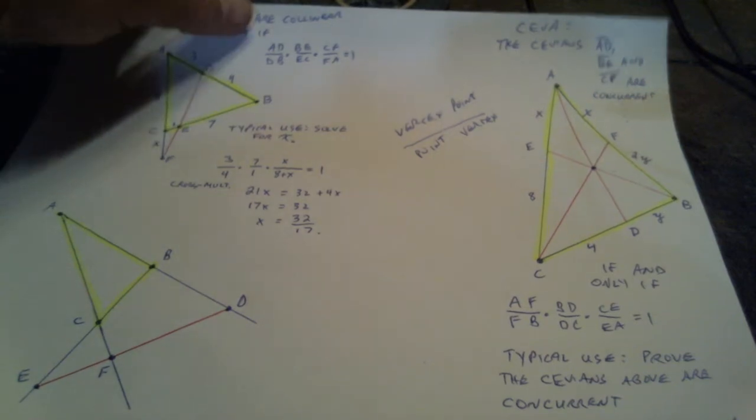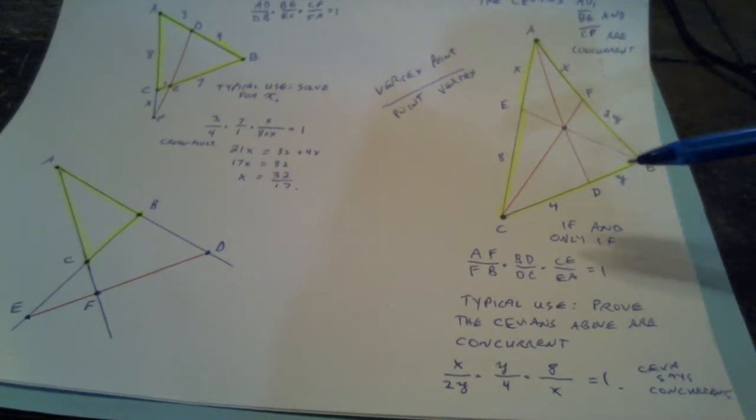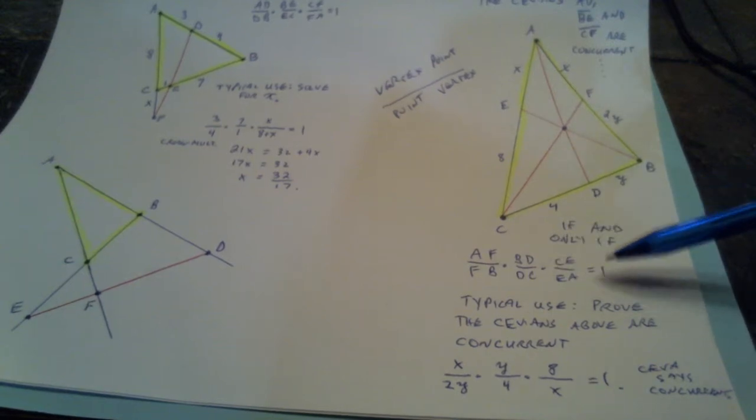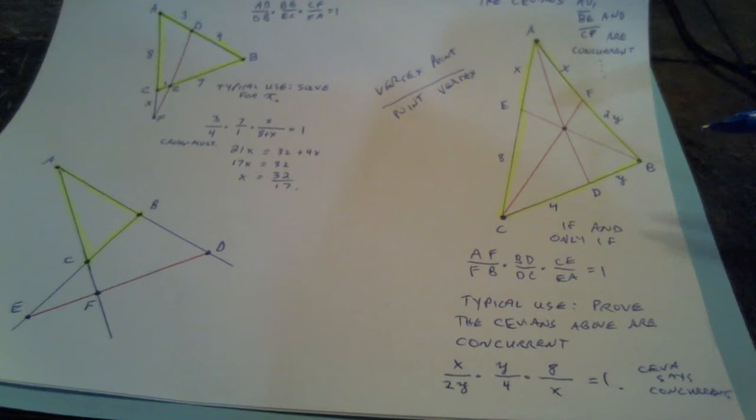So let's take a look at this last little bit here. A typical use would be: prove these Cevians in this picture are concurrent. And you can't just say they look concurrent. That's not a proof. So you say, well, Ceva's theorem says if this product of fractions comes out to be 1, then the Cevians must be concurrent.